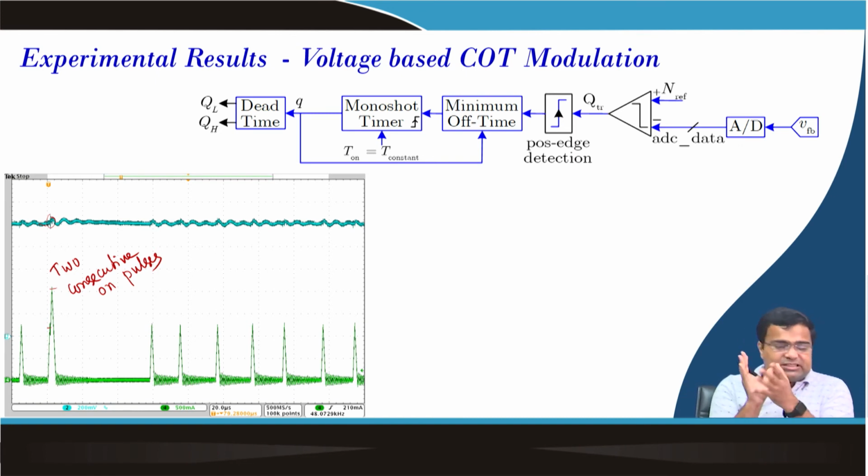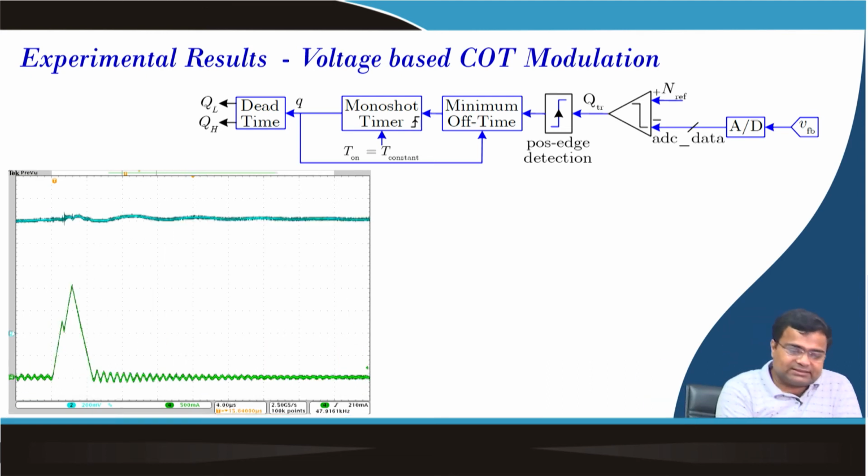So, we need to zoom this part and see whether it is happening or not. Yes, you can see there is a small portion of the time that we call T minimum. During this time the switch is turned off. So, whatever algorithm we have discussed, it is actually working, but this problem is coming due to the time quantization.